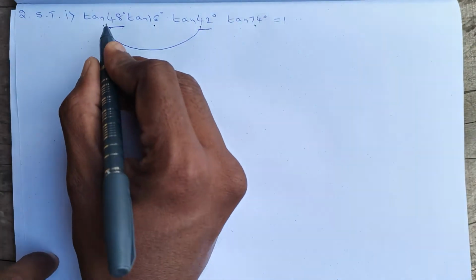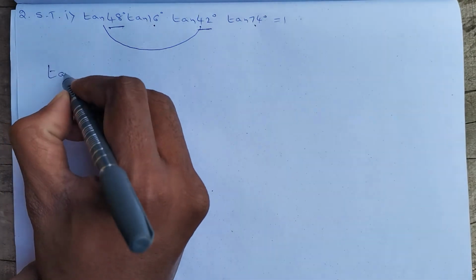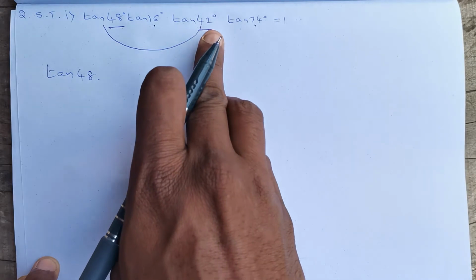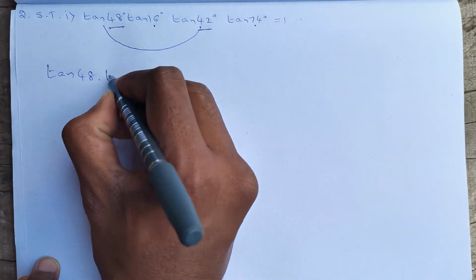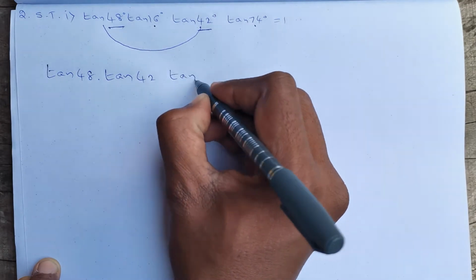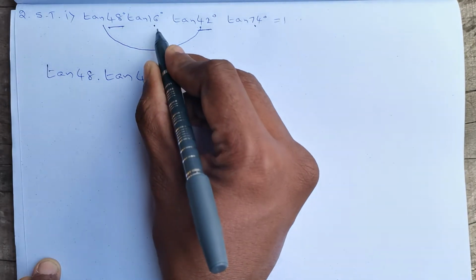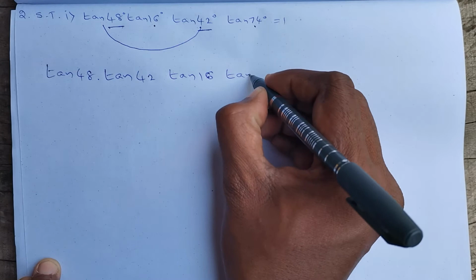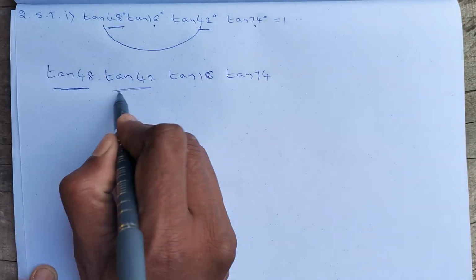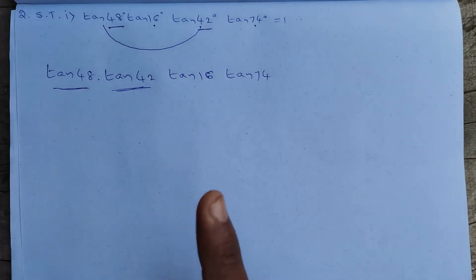Okay, now first term as it is, tan 48, into tan 42, since this 48 degrees is connected with this 42 degrees. So I am writing that beside it, tan 42. Then tan 16. This 16 degrees has a connection with 74, so tan 74. Now tan 48 and tan 42: out of these two, any one we need to change.